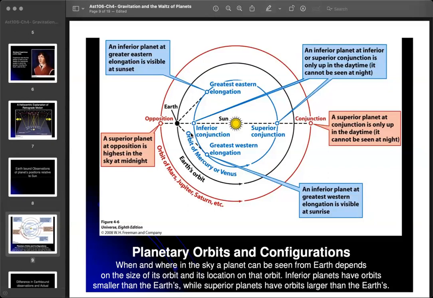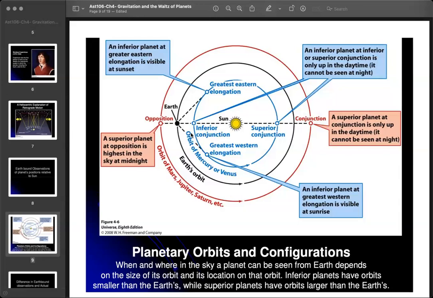Now, when we see the intersection of this dashed line with the superior planet circle, which is the red circle, then there is only one conjunction. So when the planet is going on the other side of the sun, that is called the conjunction.